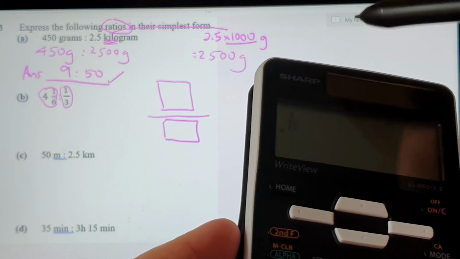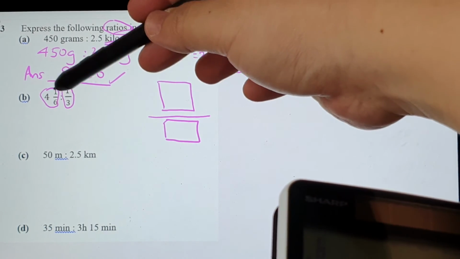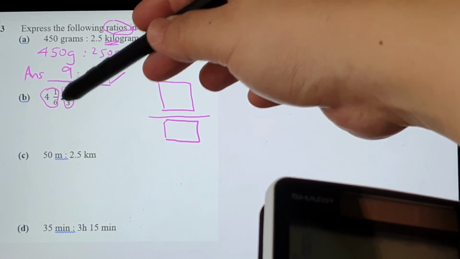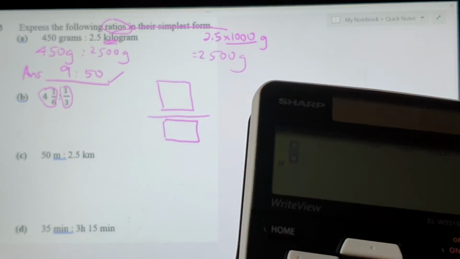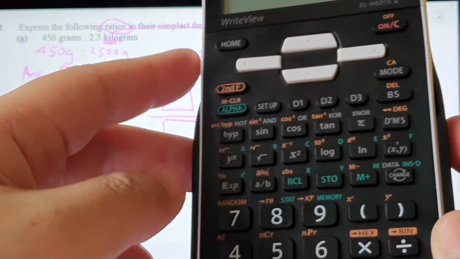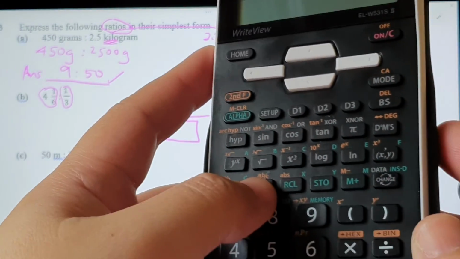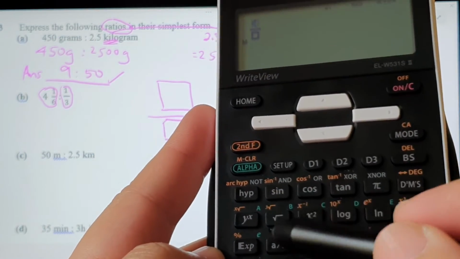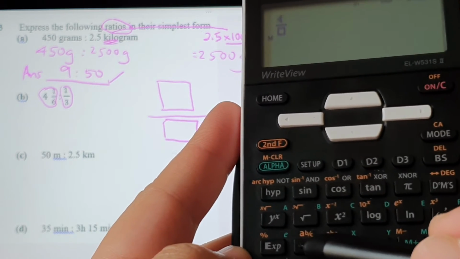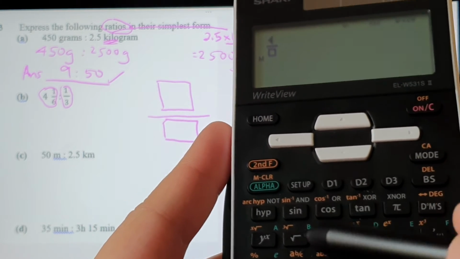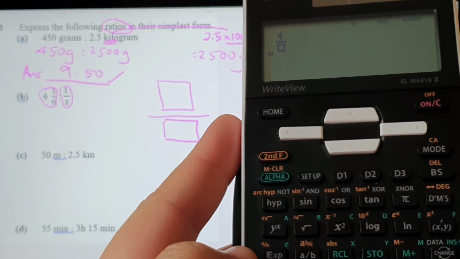Okay, now I must press 416, three numbers, right? 416 at this top box here. So how do I do it? I need this ABC. Can you see this orange color one? I'm no longer going to press the A over B. I want the A, B, C one. Why?